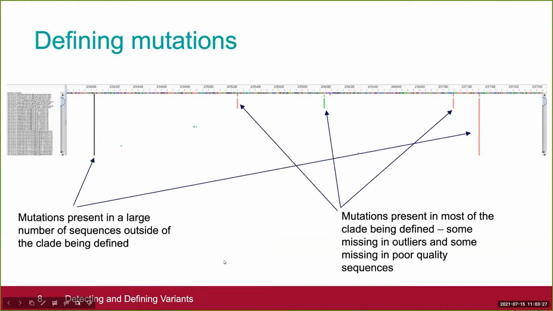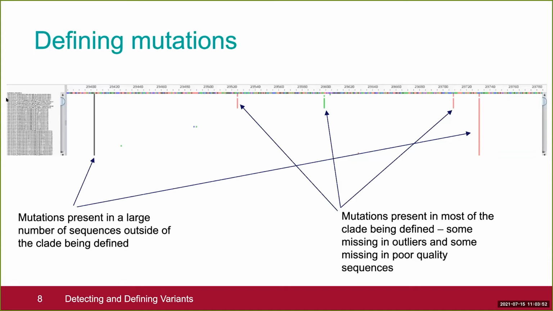Once you've decided which sequences you want to include, you have to decide which mutations you're going to include in your definition. Again, this is C37, the example from the tree on the left on the previous slide. In this screenshot, you can see that you've got two mutations that are present in a much larger number of sequences.